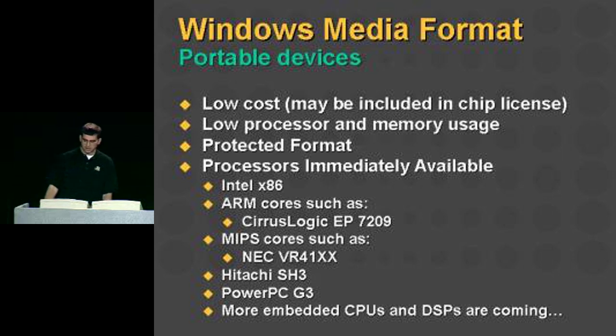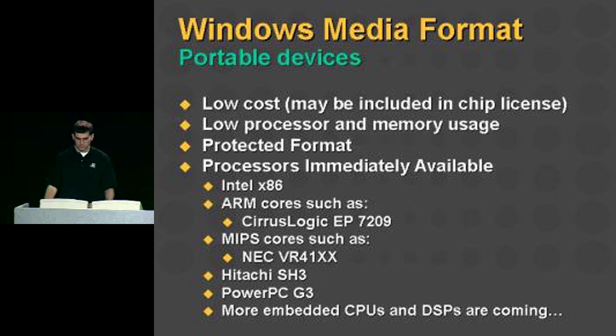So we're responding to this high demand, and we're delivering the codec as fast as possible on as many architectures as possible. And right now, immediately available, it's on x86. We've ported it to the ARM core, and so it's available on all the processors that use that core, such as the Cirrus Logic EP7209 chip.